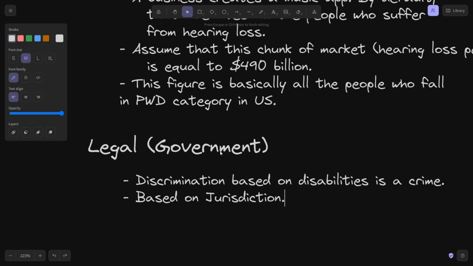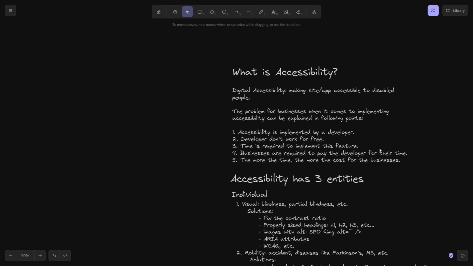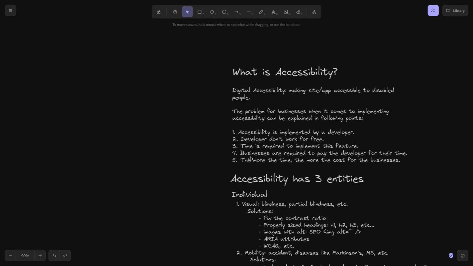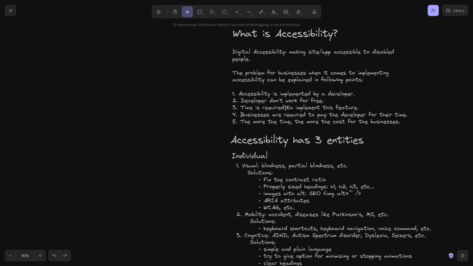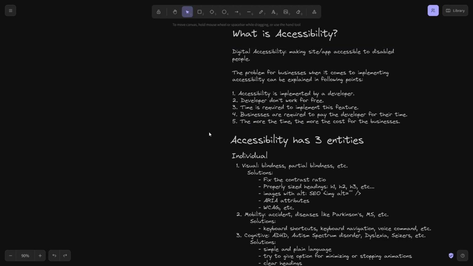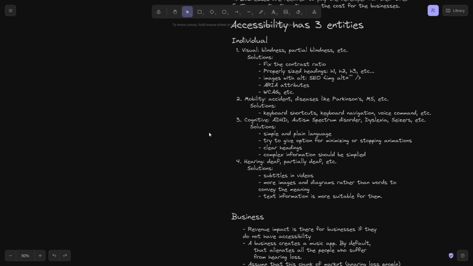Okay, in short, this is the whole of accessibility in a very brief theory part that you can take with you, that it is digital accessibility. When we talk about the web space, what is accessibility? It is digital accessibility that we are talking about, making a site and app accessible to disabled people. There's a business perspective involved here, because there's no way a business will do anything unless it generates some sort of revenue, or has some sort of profit, or it is impacting revenue.